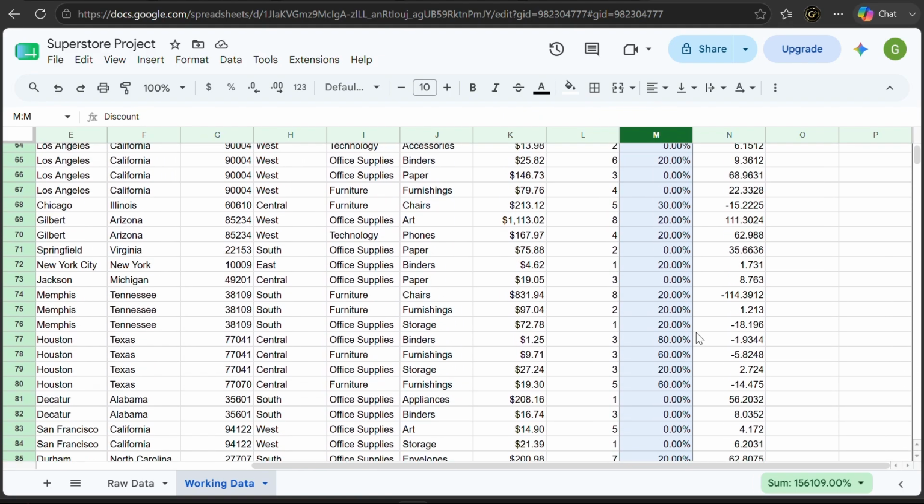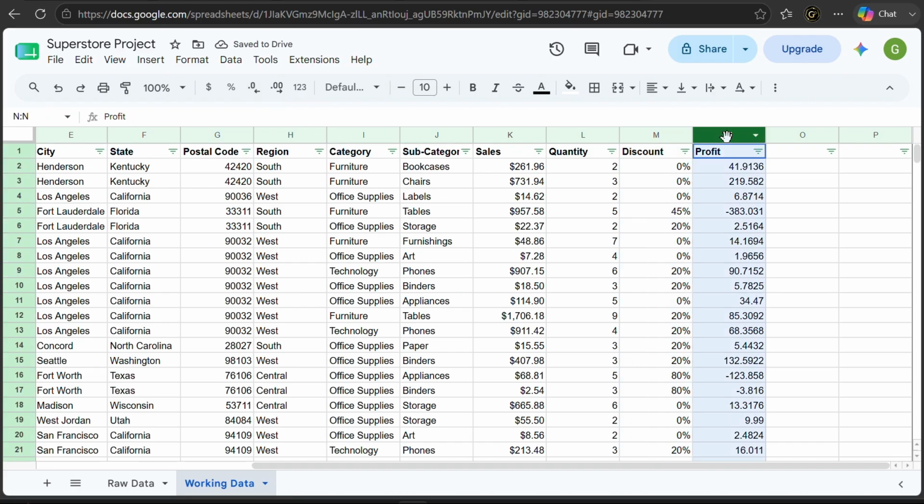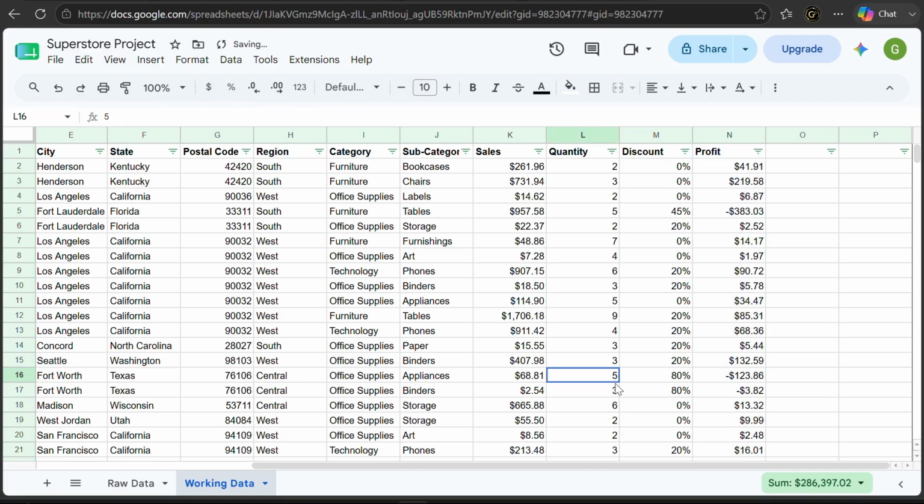But I'm not sure if I want to be having decimals in my percentages here. So I'm just going to come here and say decrease decimal places. Yeah, I think this is much better now. Then in my profit too, I'm going to just format that as currency. So I think so far so good. We are good to go.